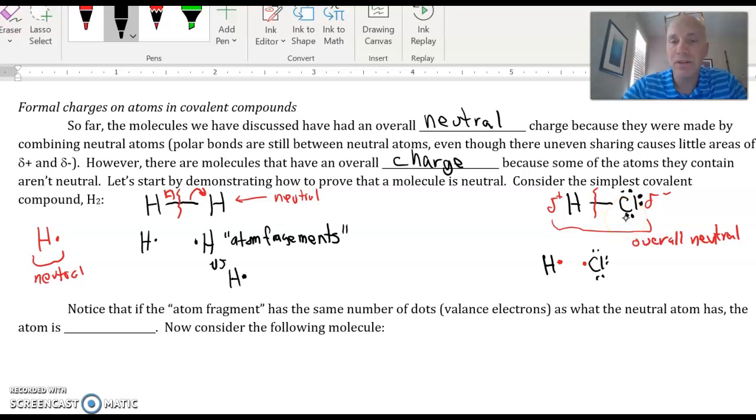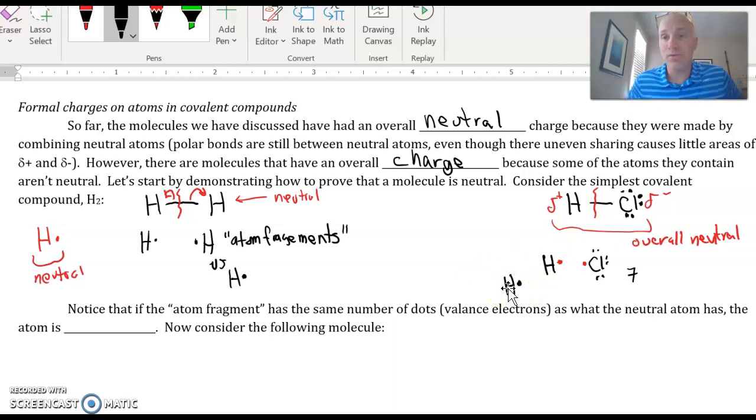Let's compare this to what we know the neutral atoms look like. Neutral hydrogen is like this, and we know that chlorine, when it's neutral, is going to have 7 valence electrons, which means it would have 7 dots around it. So notice that in both cases, the fragment has the same number of electrons as the neutral fragment.